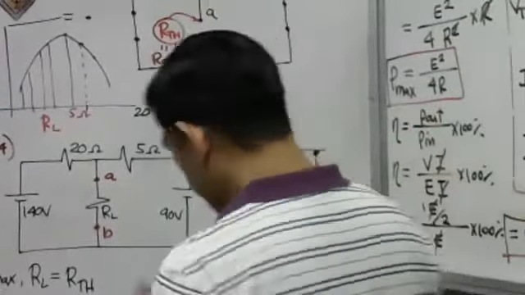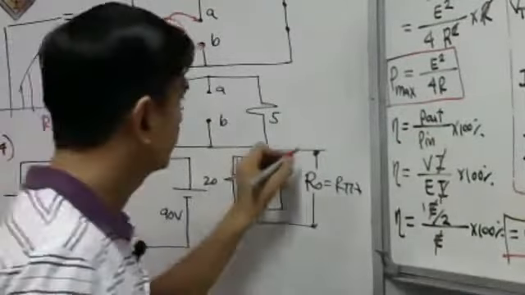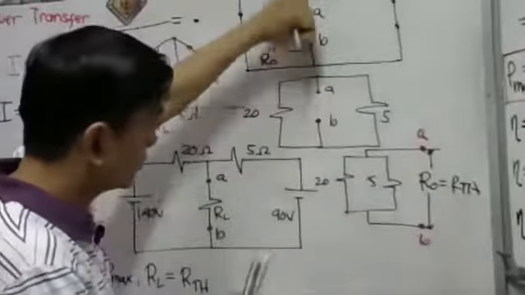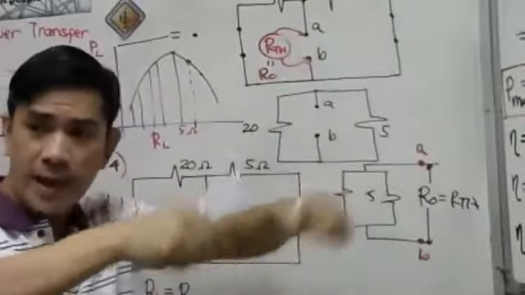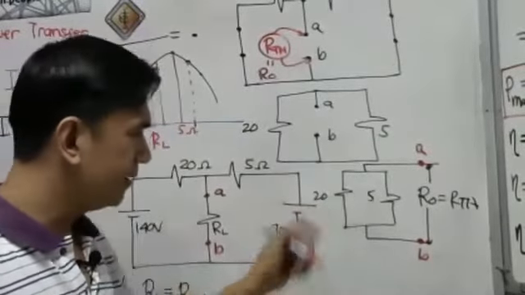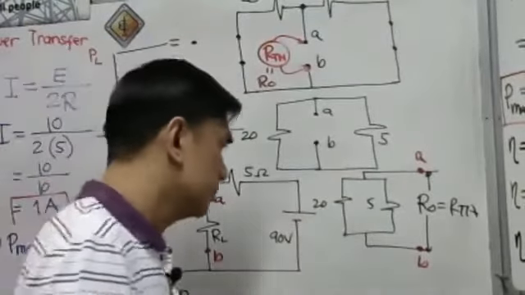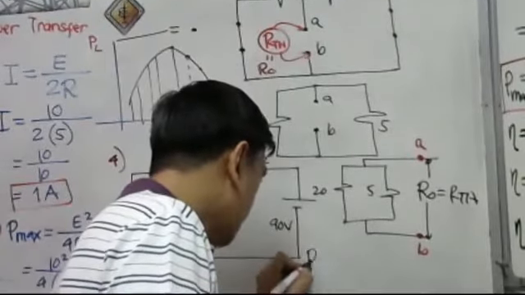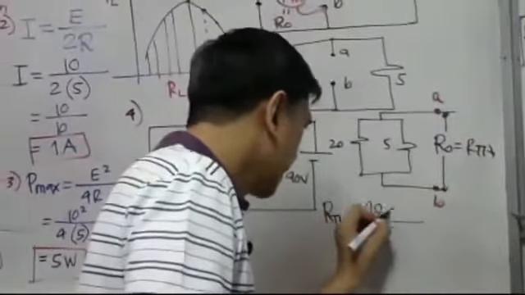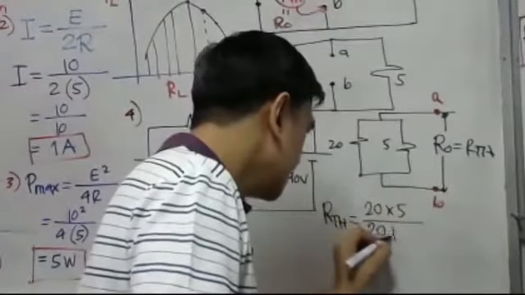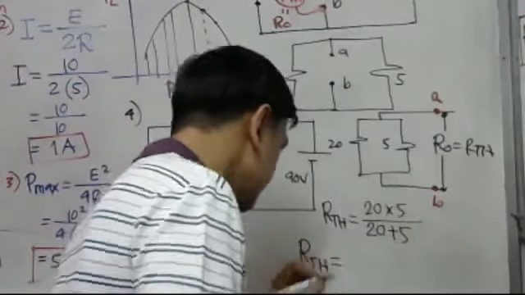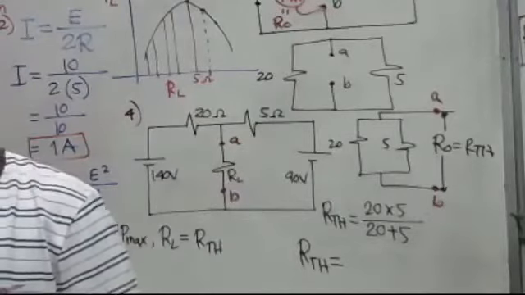The two terminals A and B are found here already, because you stretch conductor A and conductor B and then shake it. So 20 and 5 will become parallel. We have to calculate our RTH. That is simply the product over the sum: 20 times 5 over 20 plus 5. So therefore, our RTH is simply equal to what now?